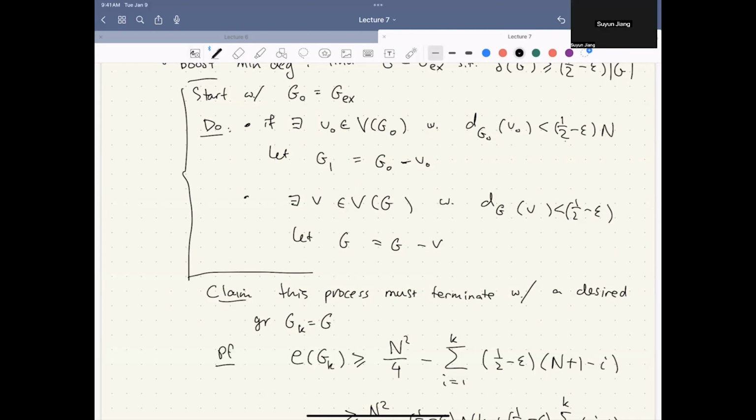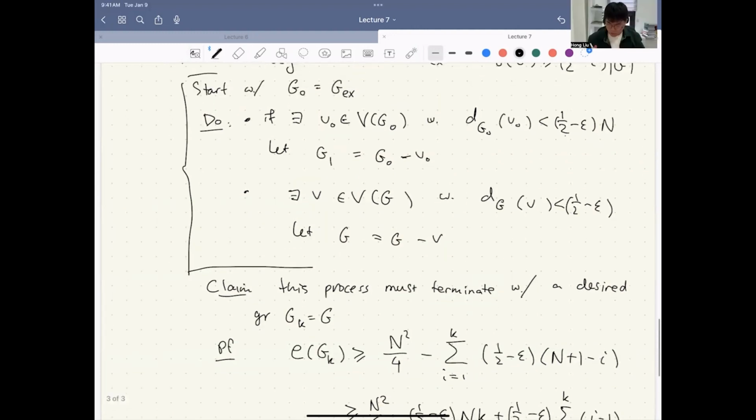Maybe just change the index K to N minus K. So at the i-th step, there exists V_{i-1} in G_{i-1}, and the number of vertices now is N minus (i - 1), probably something like this.